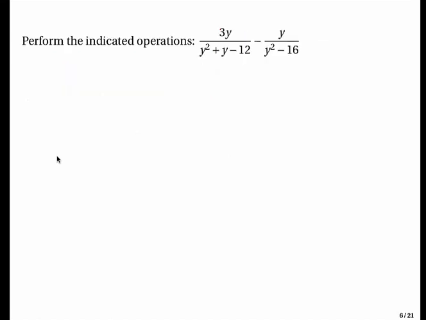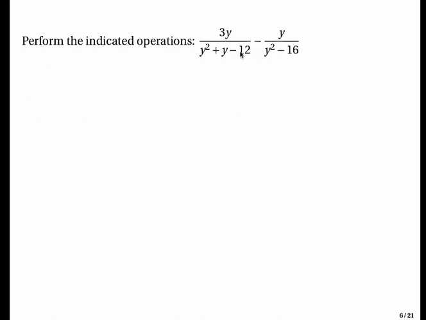For the next problem, we want to perform the indicated operations: 3y over y squared plus y minus 12, minus y over y squared minus 16. So, of course, first, what we're going to do is combine this expression into a single fraction. Okay?